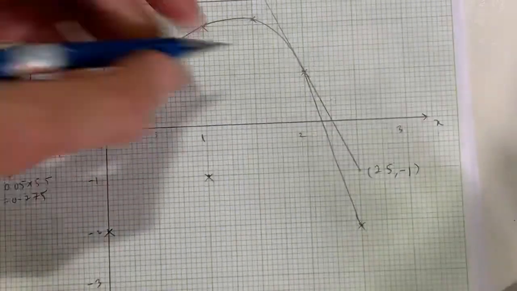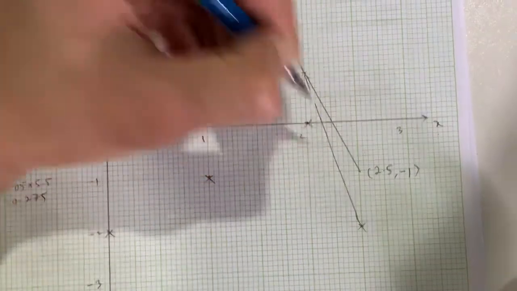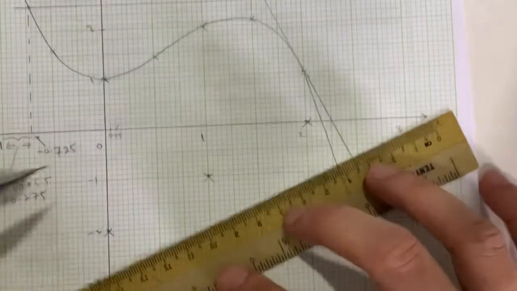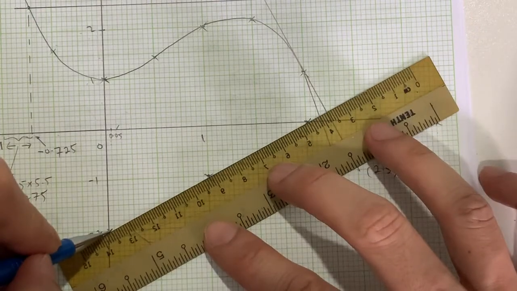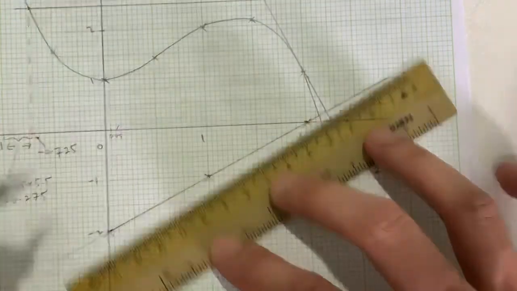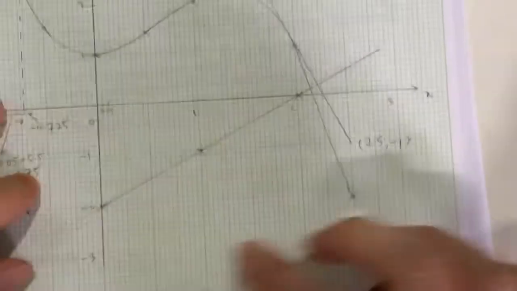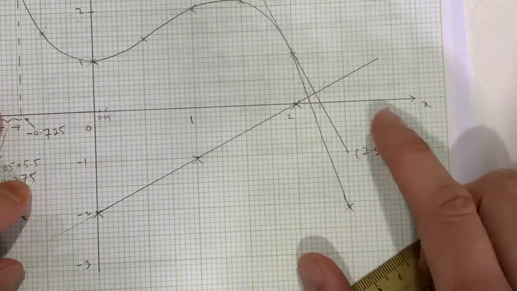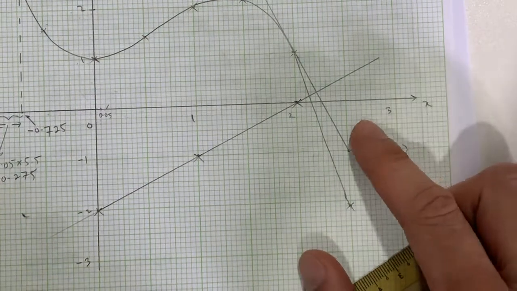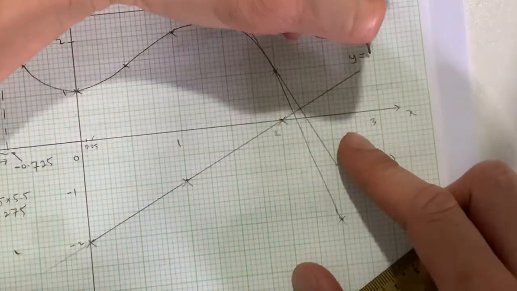And finally (2, 0), so that's here. So I have 3 points. I will join them, and this will be the graph y equals x minus 2.